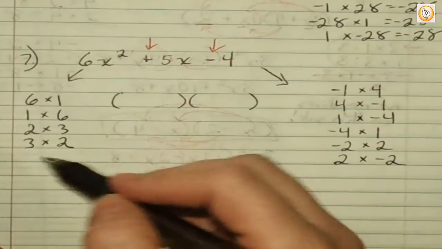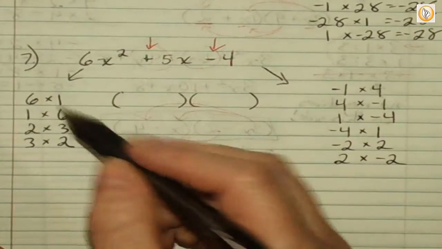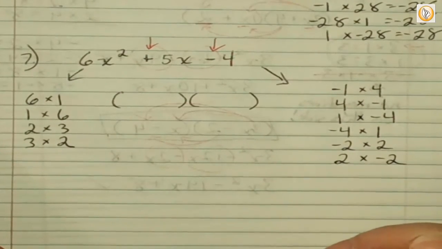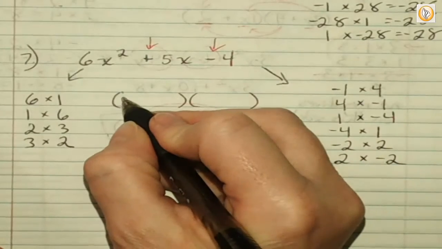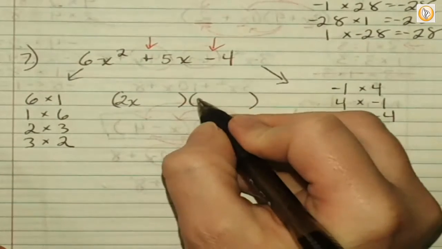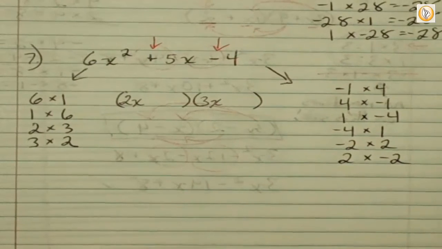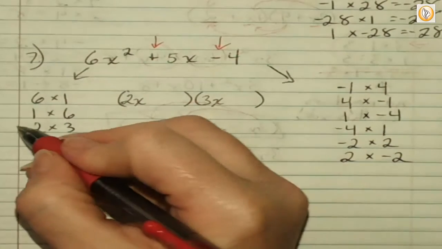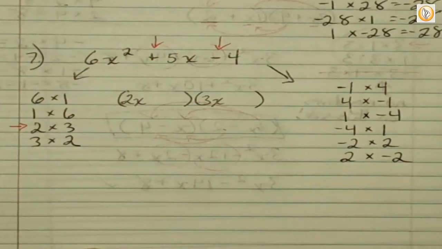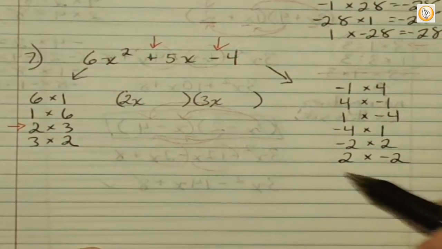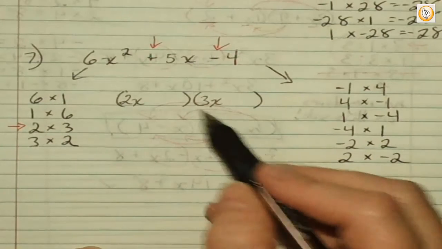Sophia, which one of these do you want to try first? All right, she wants to put 2x here and 3x here. She's just trying this one. Okay, so then we got to figure out which combination over here is going to work.